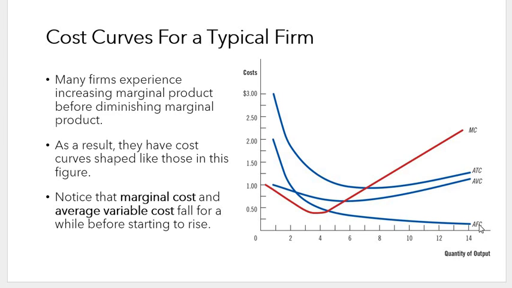It's due to the inefficiency occurring with higher and higher levels of output. And here you might ask, if the diminishing marginal product is always in play, of course we'll see a rising MC curve, but why is it downward sloping at the beginning?